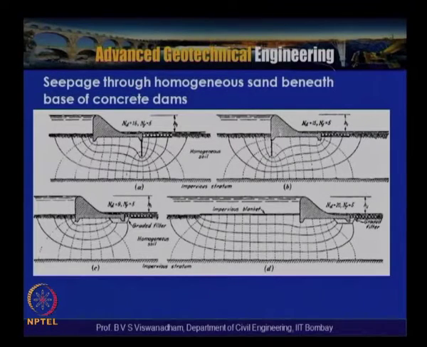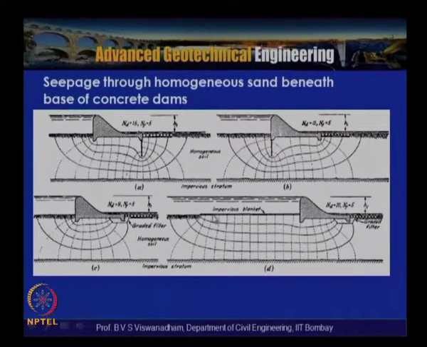In this example, the cutoff wall is provided at the downstream end, and in this case the cutoff is provided at the upstream end. Here is the case where no cutoff is provided, but you can see how the flow happens.